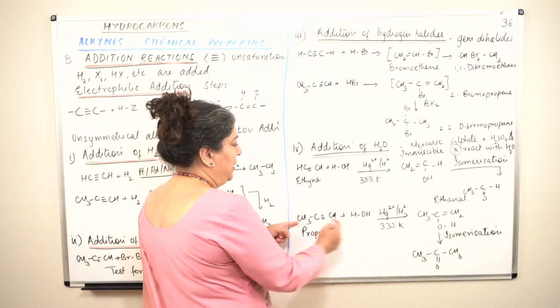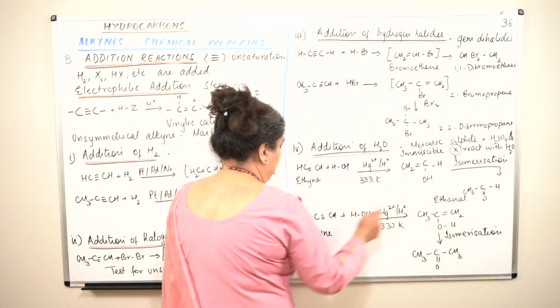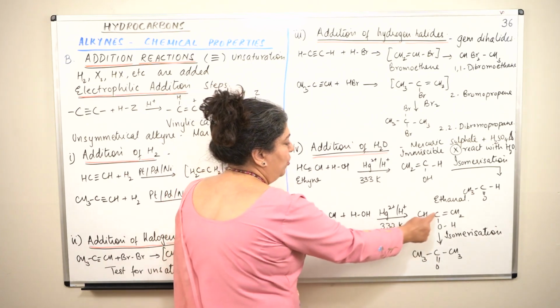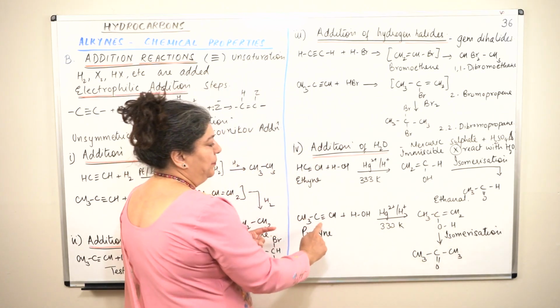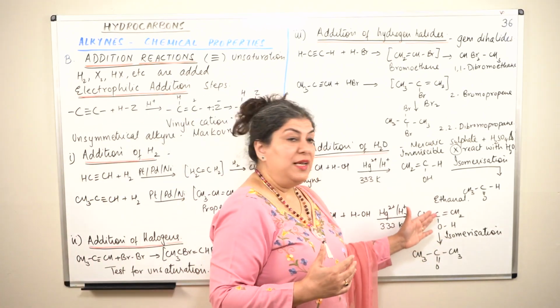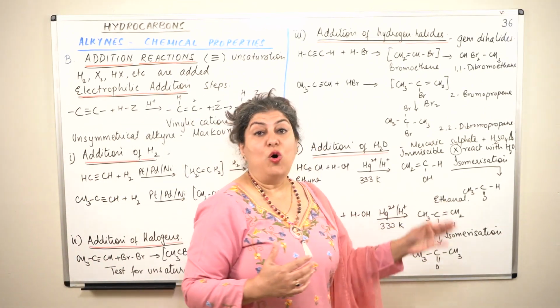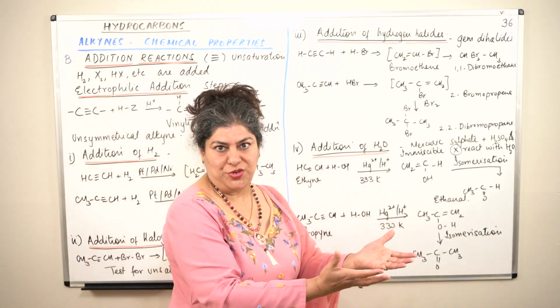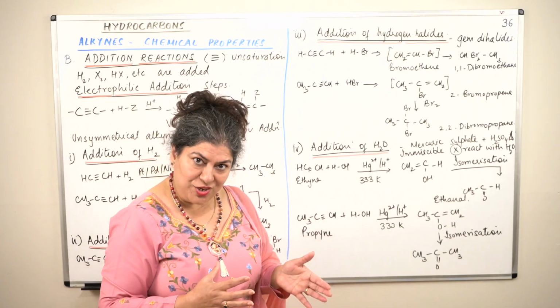So CH3 remains as such. These two carbons had the triple bond, one bond breaks, hydrogen adds to this carbon and the OH adds to this carbon. And then in the next step, now since propene-2-ol is formed, this alkenol cannot further undergo addition reaction, therefore isomerization occurs.